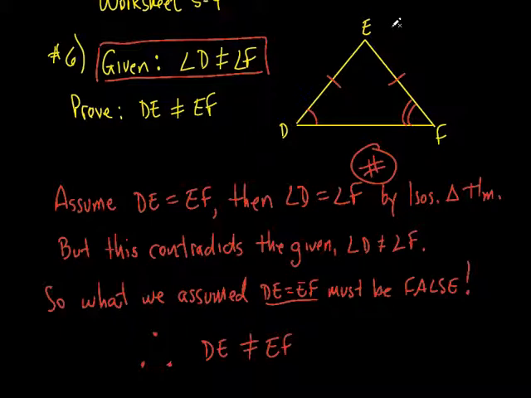I'm just saying it's not always going to contradict the given. In this case, it does contradict the given, that D and F cannot equal each other. Does that make sense? So hopefully write that down. Take a look at it. It's actually kind of interesting.